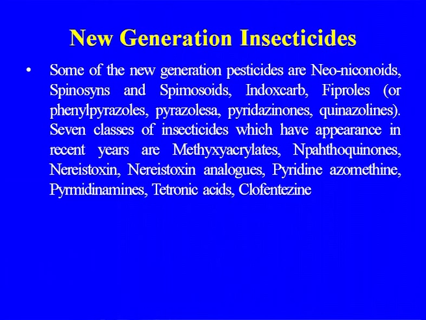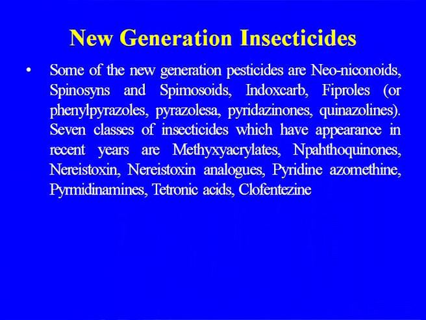Some of the new generation pesticides are neonicotinoids, spinosyns, pyrethroids, indoxacarb, fiproles or phenylpyrazoles, pyrazoles, pyridinones, quinazolines.